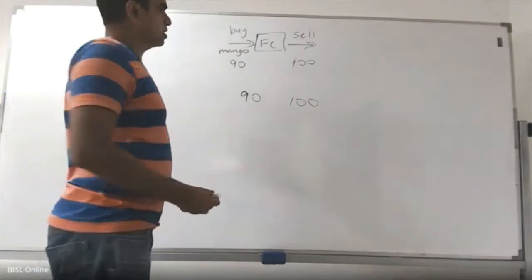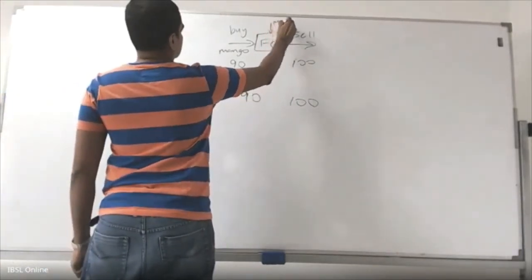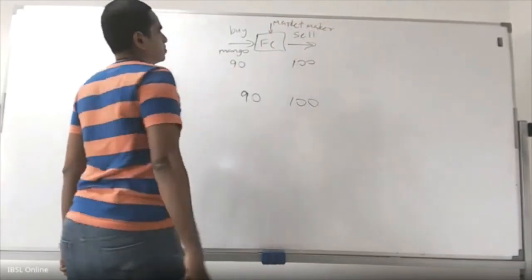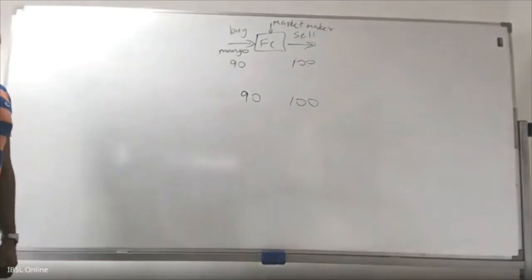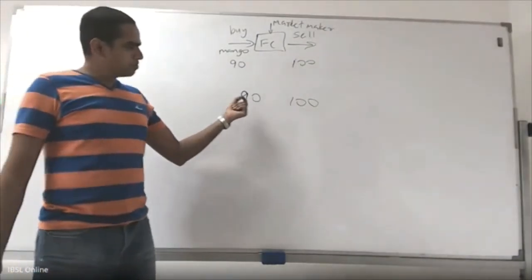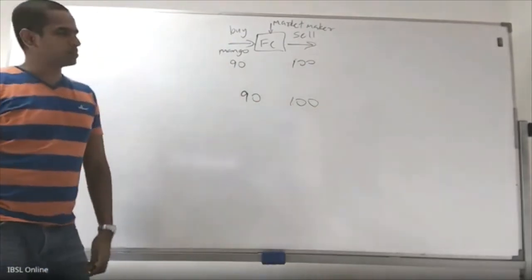So the supermarket is the market maker. They are making the market. They will tell you that they will buy mangoes at a price of 90. They will sell mangoes at a price of 100.